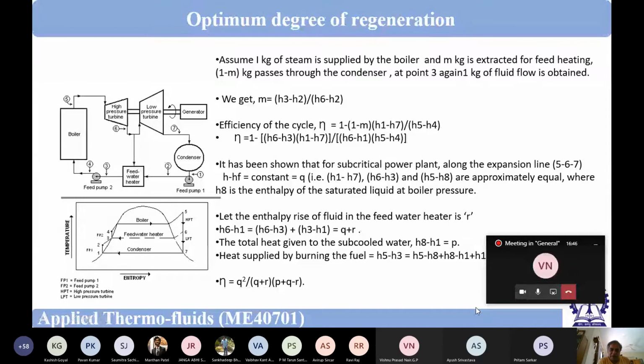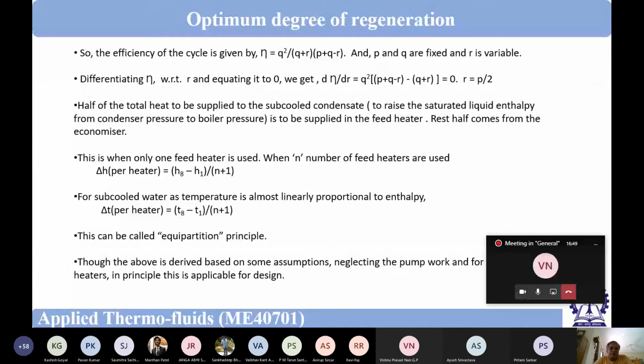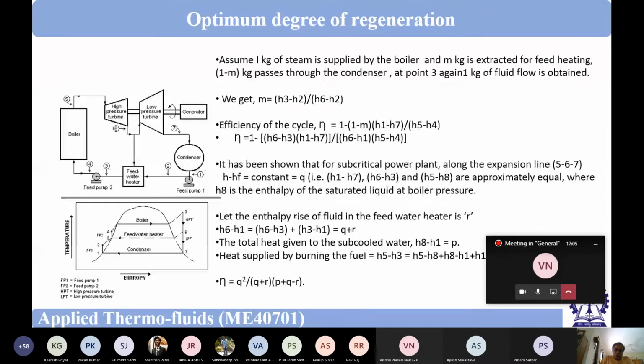Let us go to the next slide. The efficiency of the cycle is given by eta. P and Q are fixed, R is variable. Differentiating eta with respect to R and equating it to 0, we get R is equal to P by 2. What is P? Let us recall.